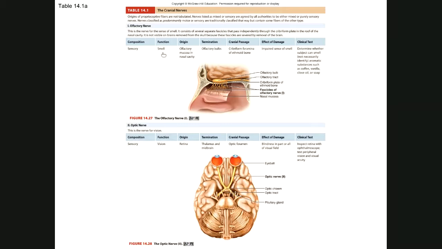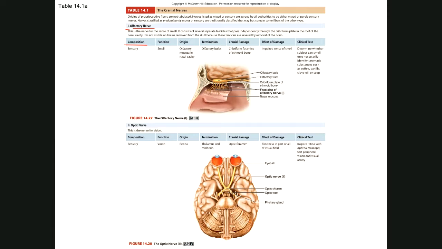So besides learning the number and the name of the nerve, which you have up here, let me underline that. Learn the Roman numeral, the name. Also learn its composition, meaning if it is sensory, if it is mainly motor, or if it is both, mixed, right?